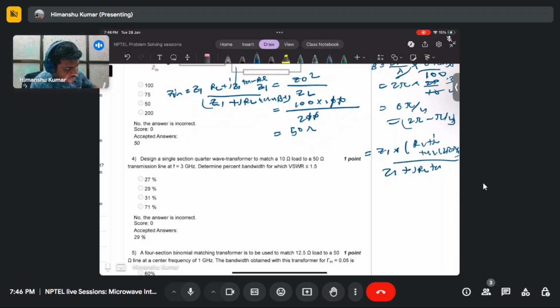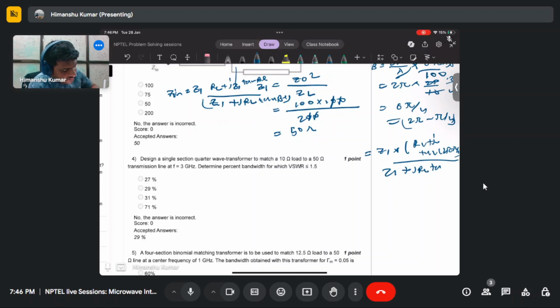Now you can write this. So 2 pi minus pi by 4, you can write tan of minus pi by 4.